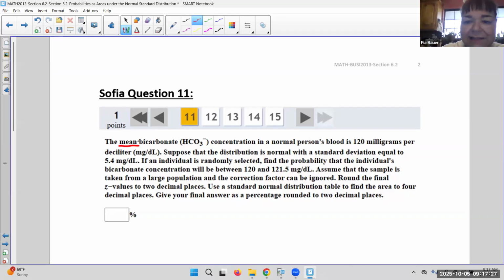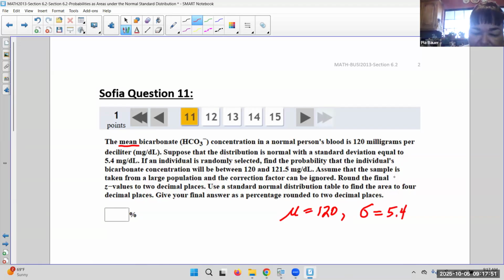So that means that this is going to be my mu. The population mean is 120. Suppose that the distribution is normal with a standard deviation equal to 5.4 milligrams per deciliter. So that's giving you the population standard deviation, sigma, is 5.4.